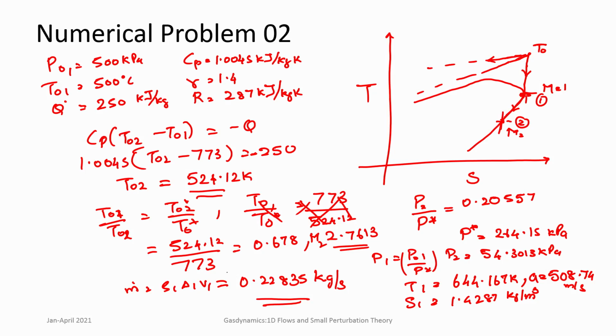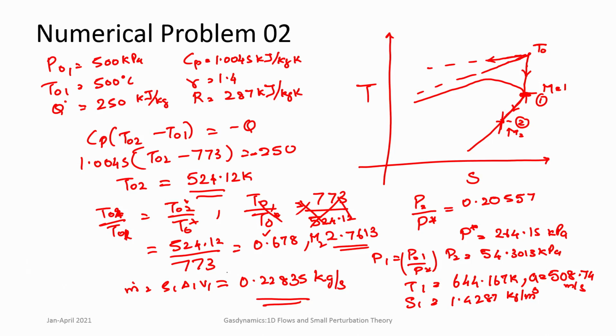So, T01 is T0 star. So, T02 by T01, if you take, it becomes T02 by T0 star, and therefore 0.678, and therefore you get M2, and from M2 and M1 we can get all other values.